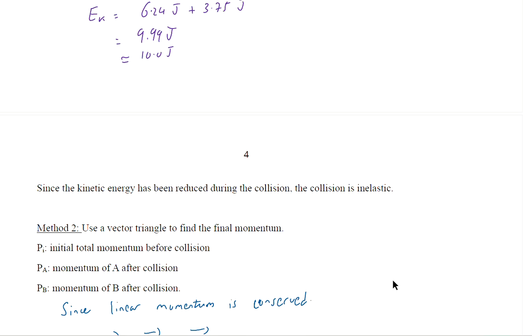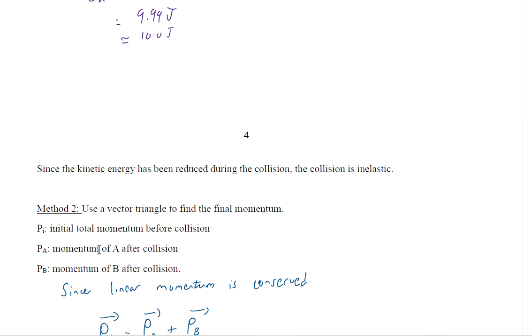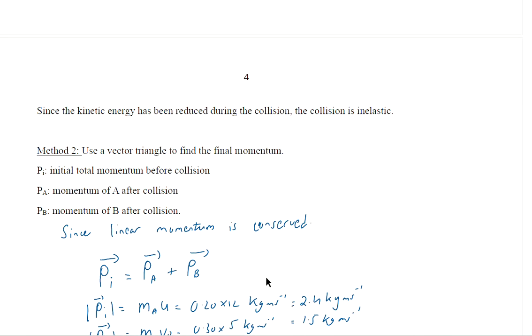Now, let's have a look at a second method. I'm going to use a vector triangle to find the final momentum. The initial total momentum before collision is Pi. The final momentum of A after collision is PA, and the momentum of B after collision is PB.